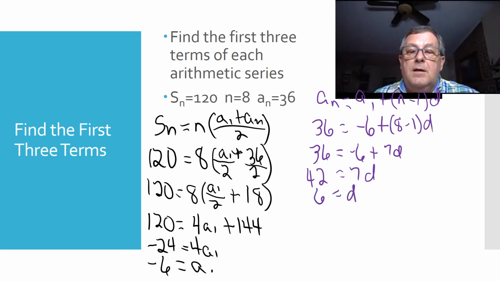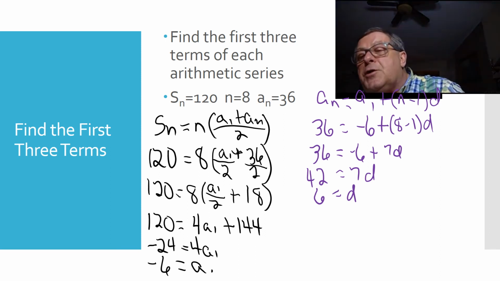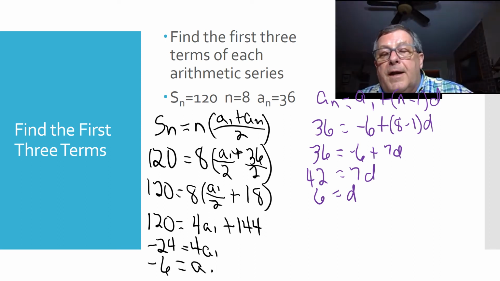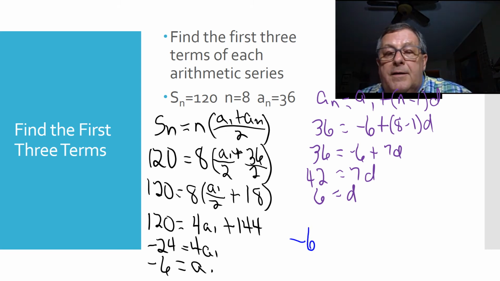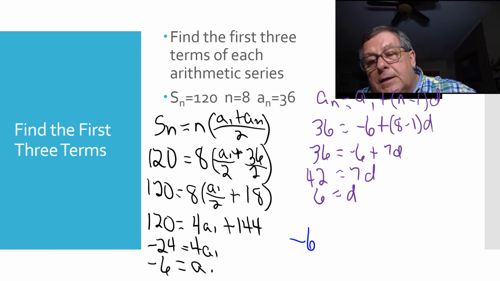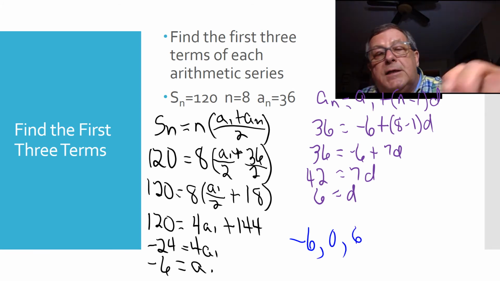D is 6. And so for the first three terms, well, we've got negative 6 as our first term. Negative 6 plus 6 is 0. And 0 plus 6 is 6.